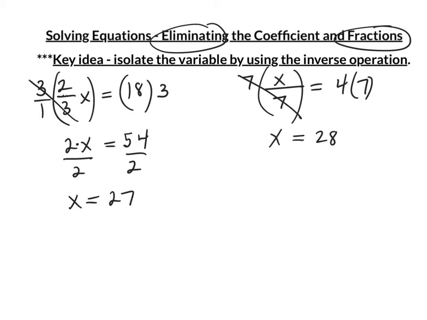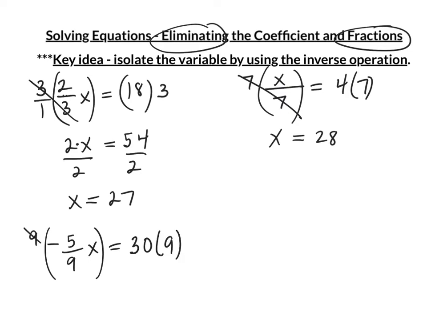Let's throw in some negatives. If we had negative 5/9 x equal to 30, the first thing I'm going to do is get rid of the division by 9. So I'm going to multiply both sides by 9.